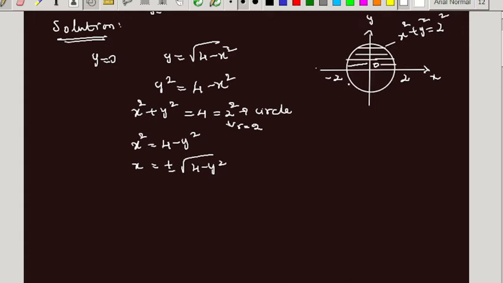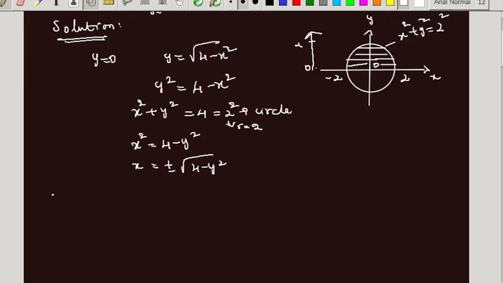Now by changing the order of integration, here x was constant, now we must write y as constant. So y varies from 0 to 2.